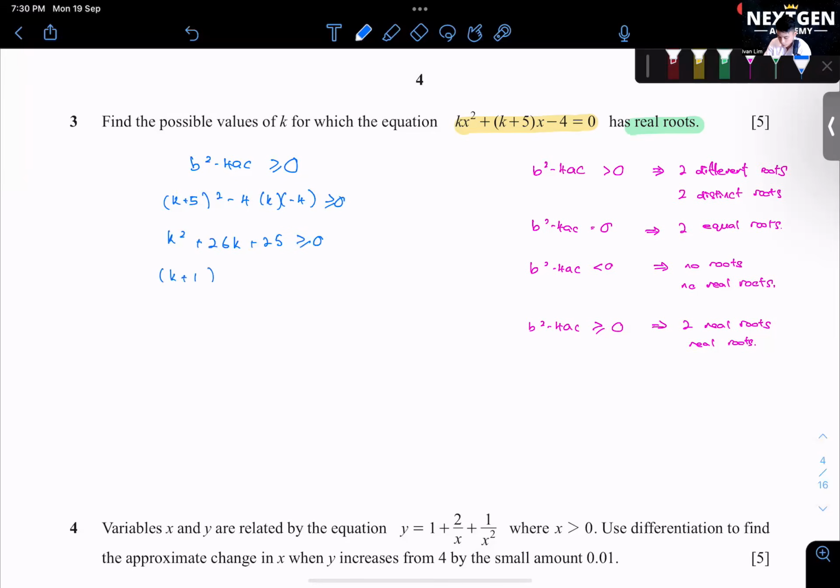Remember, in exam, if you cannot factorize, just use your calculator, then work backwards. K plus 25, k plus 1, more than or equals to 0. We will get k equals to -1, k equals to -25.